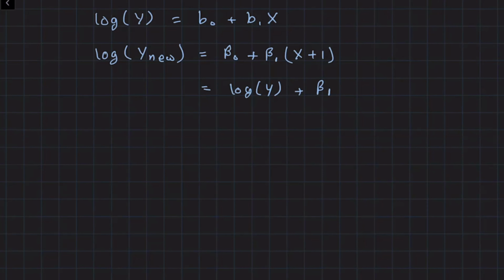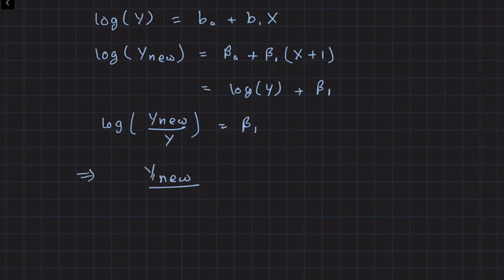Whenever I'm saying log here, it's natural logarithm. So when you take the difference of log y new and log y, you end up with log of y new divided by y equals beta 1. If you take exponential of both these sides, you are going to end up with e raised to beta 1. For better interpretation, if I simply do minus 1 on both sides and multiply both sides by 100, you get something like this.